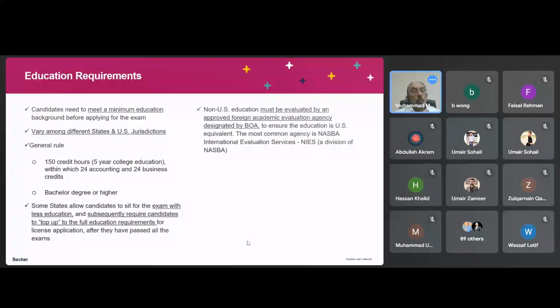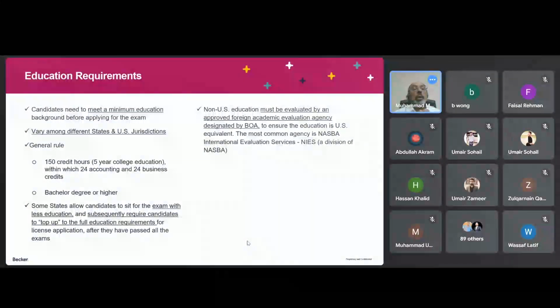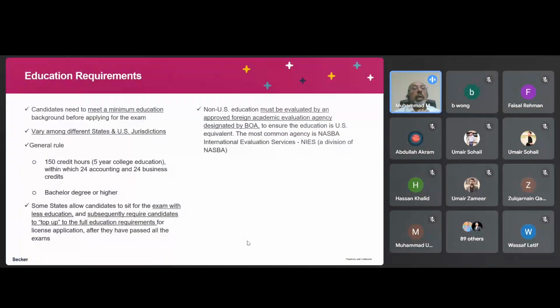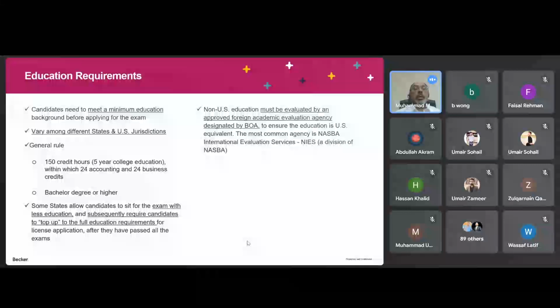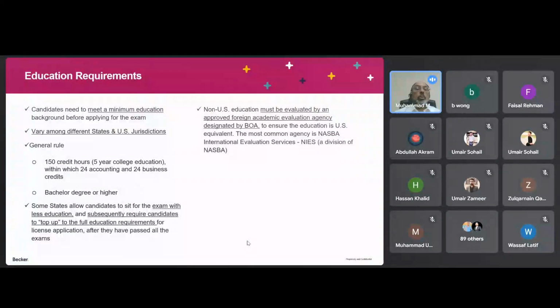As for the education requirement, I told you this varies from state to state, and you have to meet the minimum education requirement to apply for the exam. The general rule is 150 credit hours are required, which is equivalent to 5 years of university or college education.